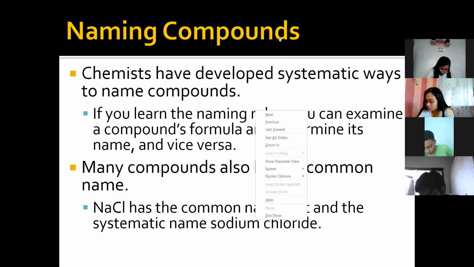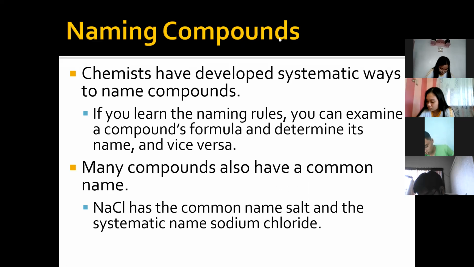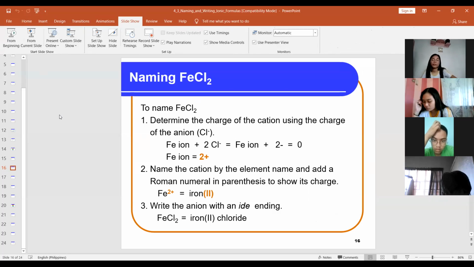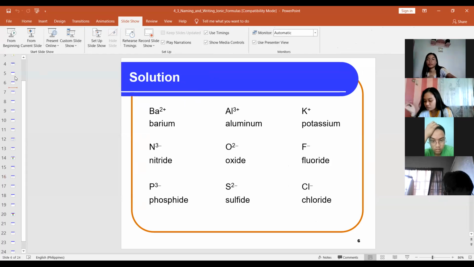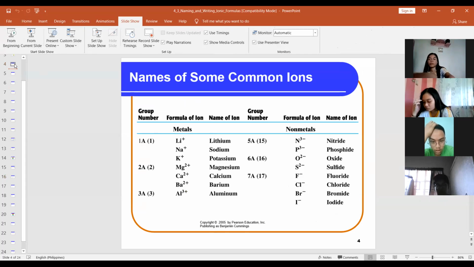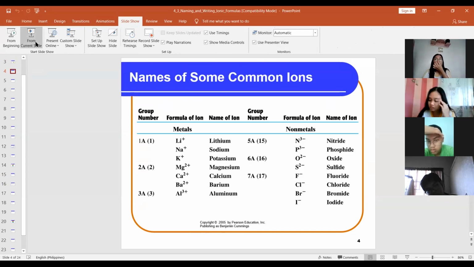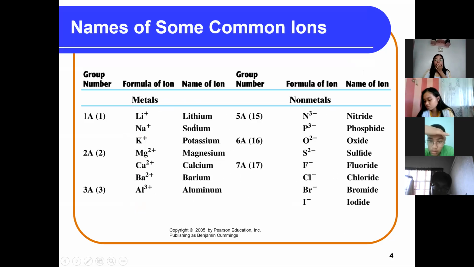Okay? I think I have here a sample for that. Try this one. Here's an example of what I just mentioned, class, under the rules of naming a metal and a non-metal under the ionic bond. For metals, you just name them according to their name in the periodic table.